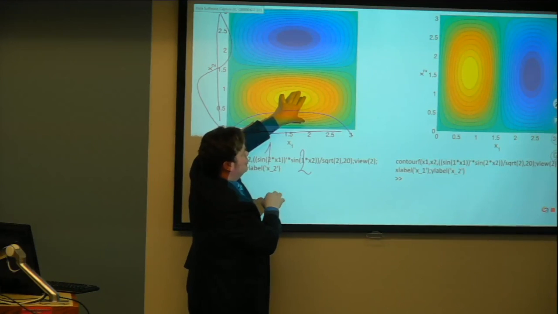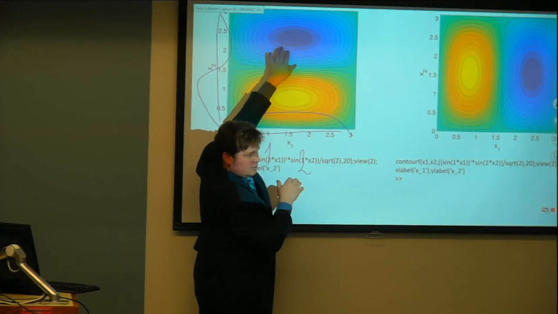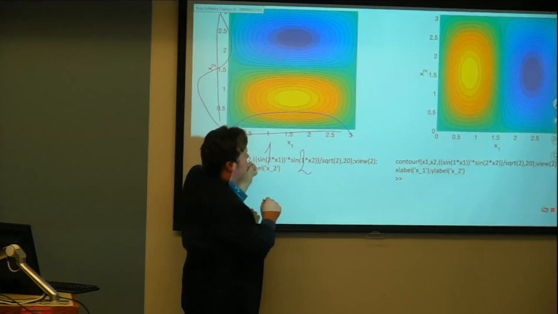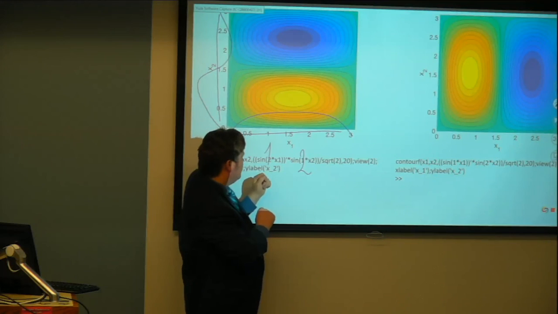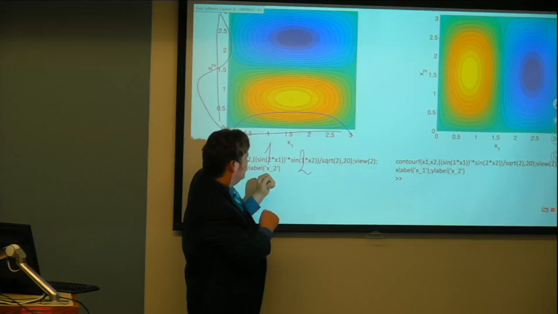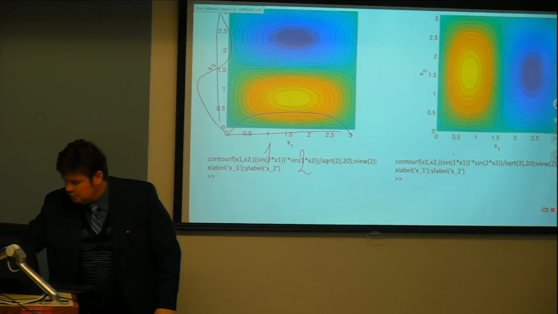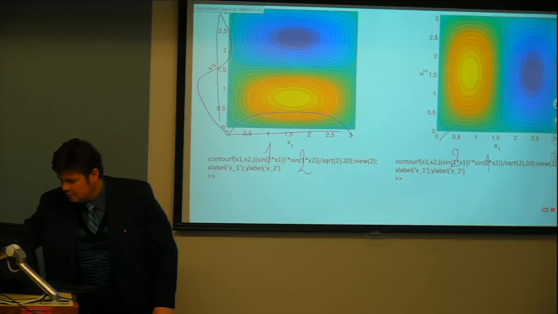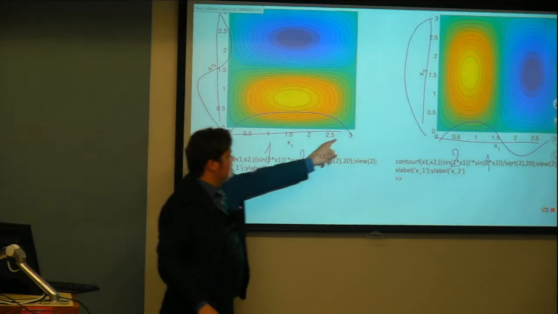If I did it three-dimensionally, it would be too much information. So here it goes out of plane, here it goes into a dip, and it forms this shape. If we form the same product but swap the order, so for x1 it will be state 2, and for x2 it will be state 1, you have the up and down orbital along x1, and one hump along x2, and we make a product.